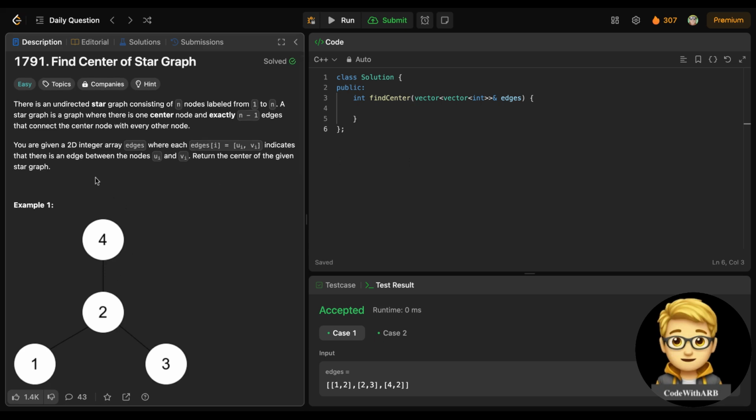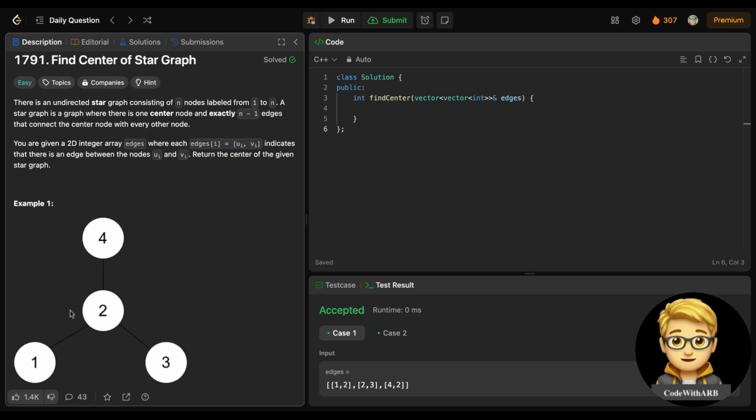So basically the question is asking which node is the center node, right? And we have only edges present from the center to each node. So there is an edge from the center to each other node, and we just need to return the center of the given star graph.